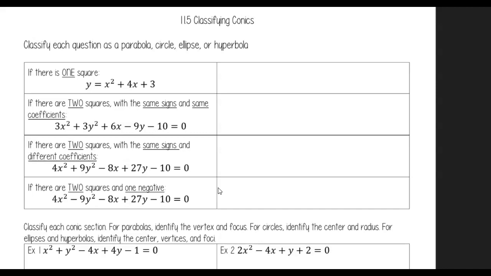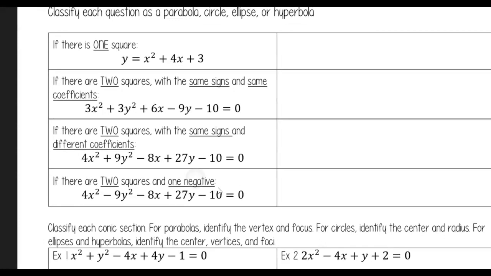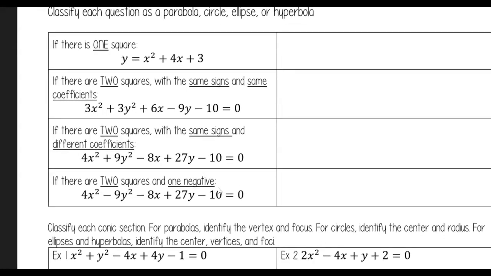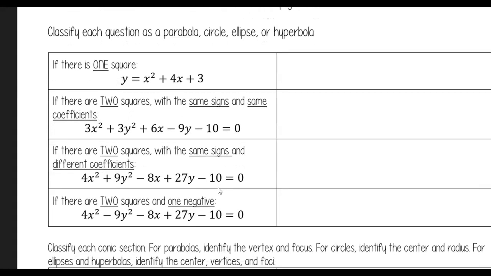Now here are the rules for identifying whether these are going to be circles, ellipses, hyperbolas, or parabolas. Looking at this first one right here, if there is one square only, what type of shape is this?